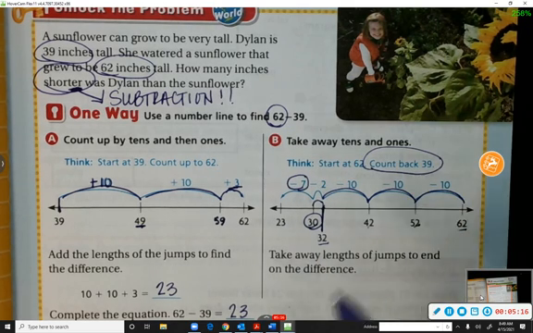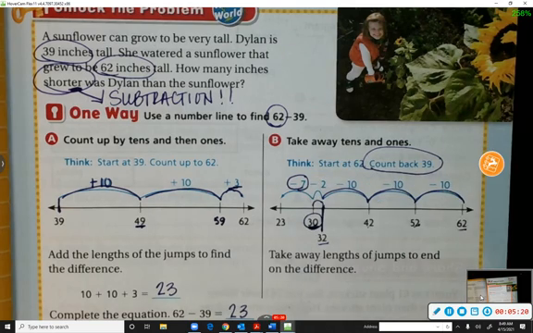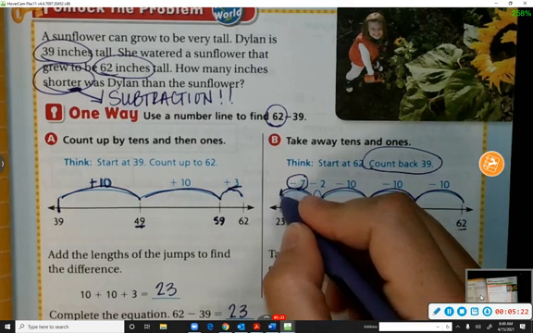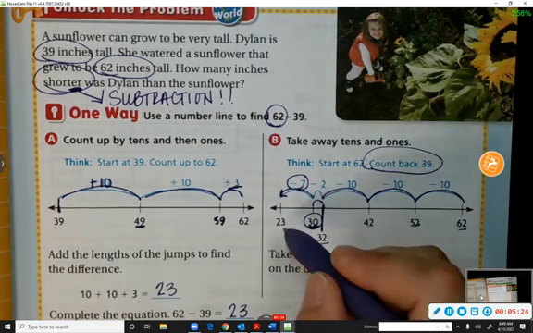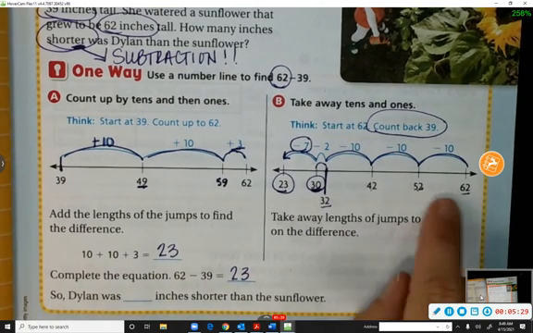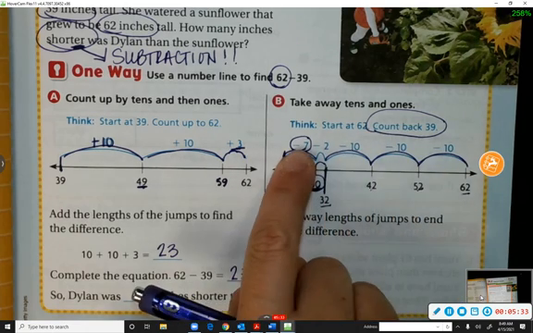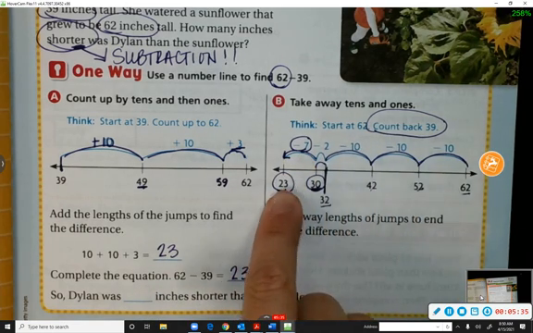So now what is 30 minus 7? 23. Well, the answer is given to you. So now that's where we landed. That's what your answer is. You started at 62. You took away 39 with all these jumps, and you landed at 23.